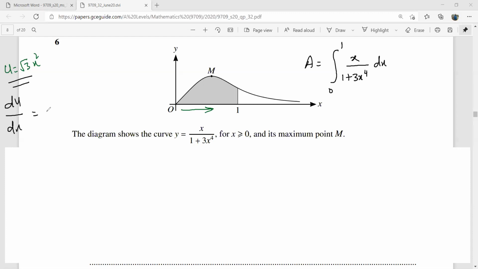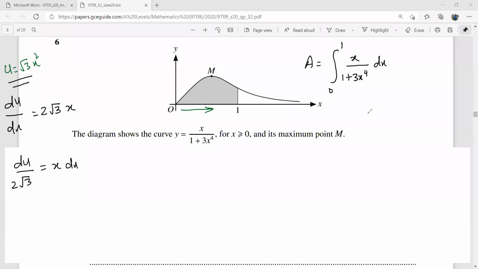And that is going to be 2 under root 3 times x. If I move this 2 under root 3 to the other side, and the dx to the other side, that is going to be x dx.